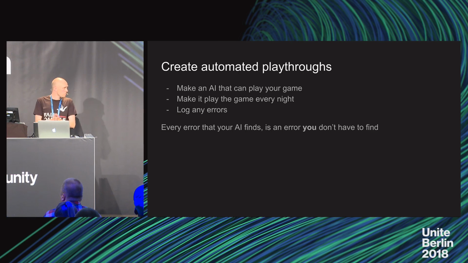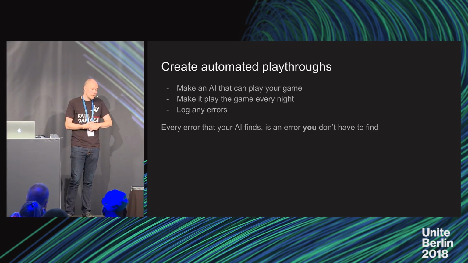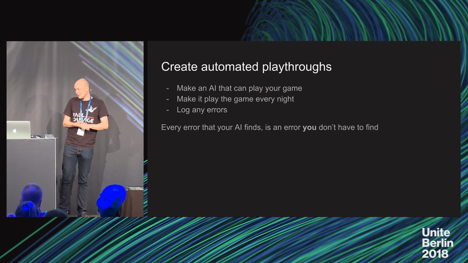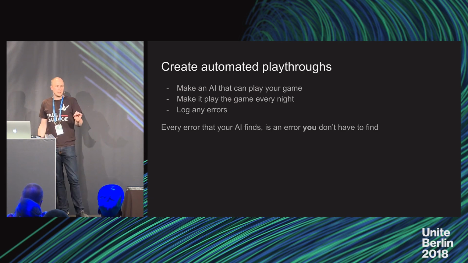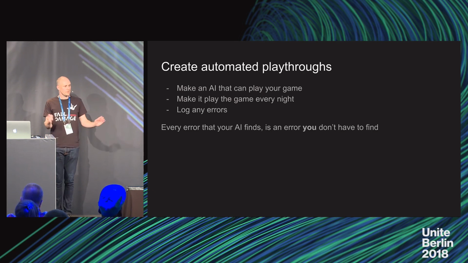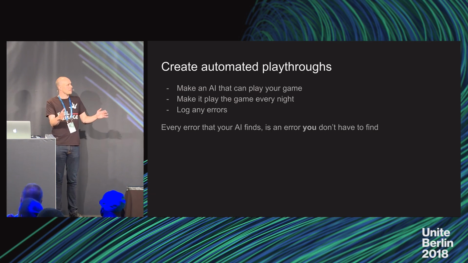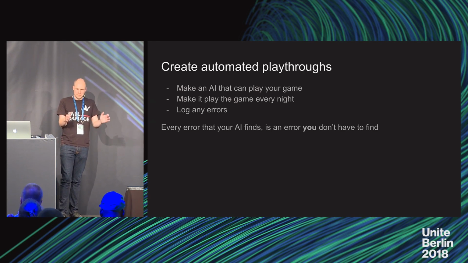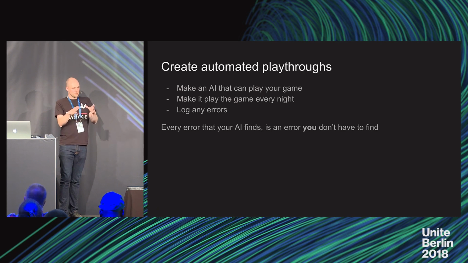Now, there's a whole bunch more things that you can do on the process automation side outside of this. I'm not going to go into detail there, but the one big thing, I think, is imagining that this is not 15 people creating a game. Imagine that it's 15 people who are creating a live service.